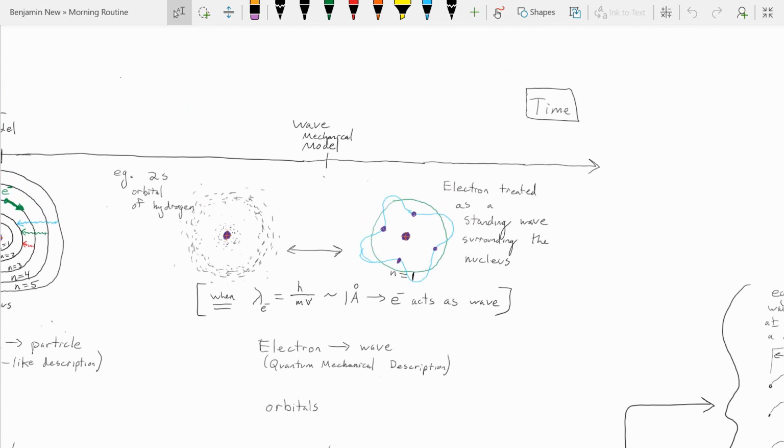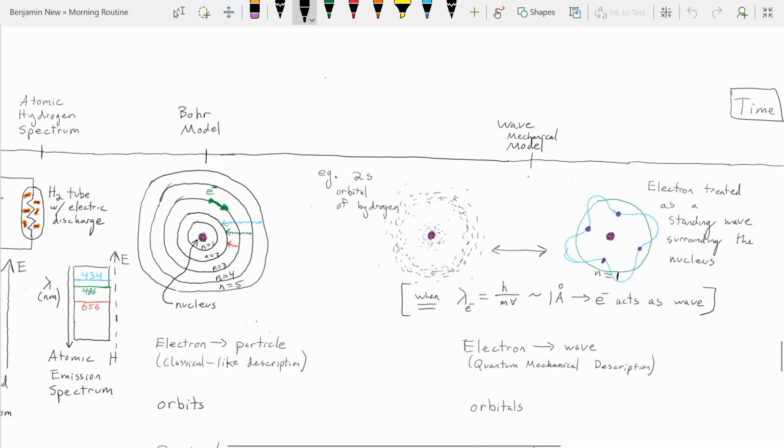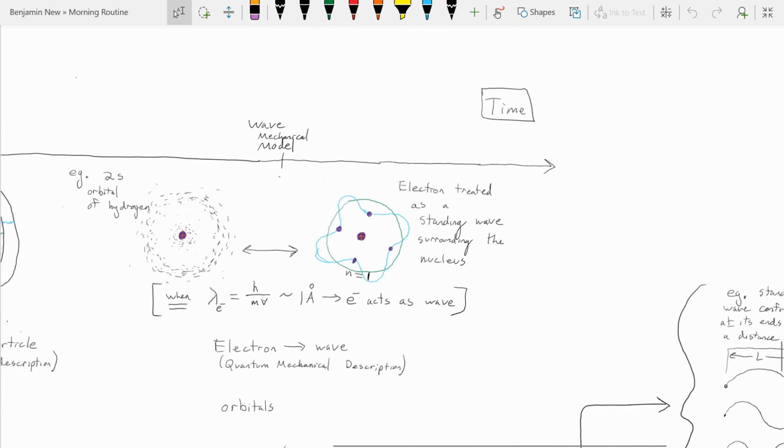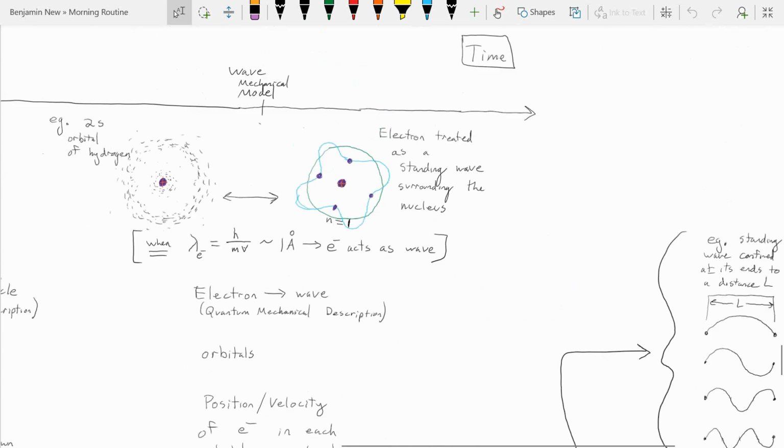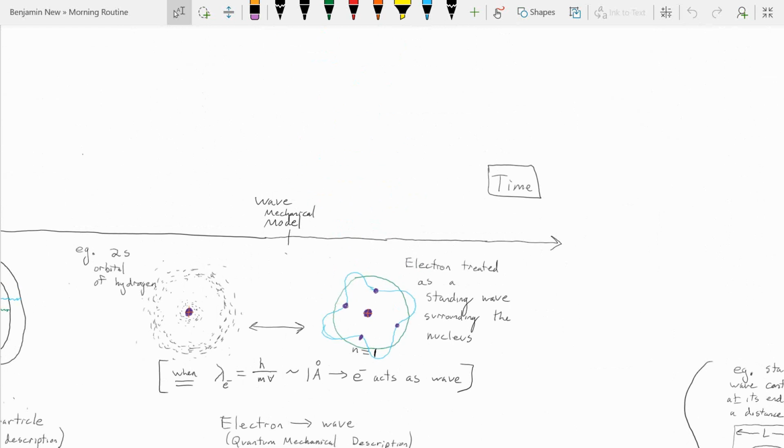The electron is treated as a wave, and the output is what's called orbitals, or electron smeared probabilities, rather than perfect orbits. And these energies are quantized. Okay, and with that, I will end my video.